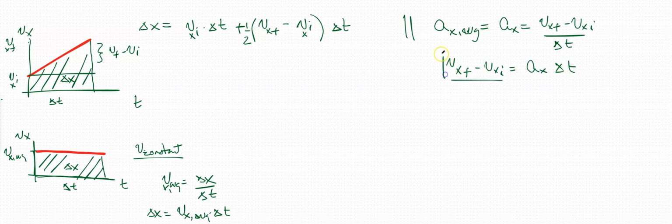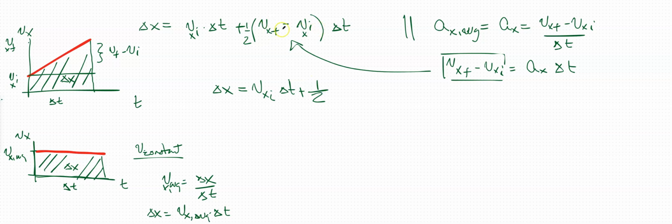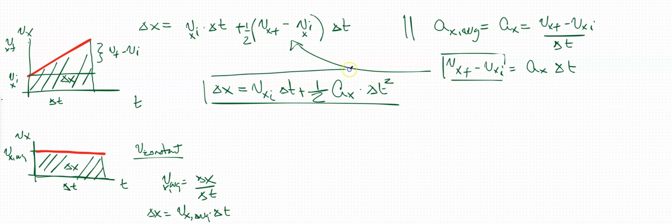So I'm going to replace this here, and this is going to give us the following equation. Instead of v final minus v initial, I write acceleration times time, times delta t, but we had another delta t, so I'm going to write the t squared, and that's our equation 4.